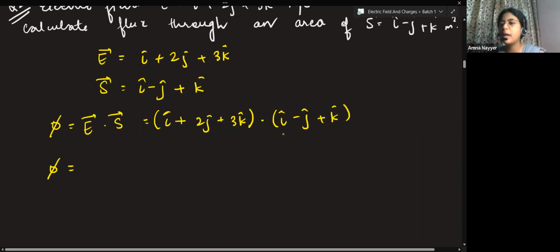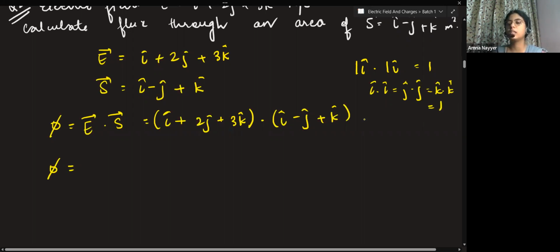So 1 multiplied by 1. Basically, we are multiplying 1 i cap dot 1 i cap. So 1 into 1 will give us 1, and i dot i or j dot j or k dot k is always equal to 1. So when you multiply 1 i cap with 1 i cap, you will get 1 only. We have solved this i cap part.